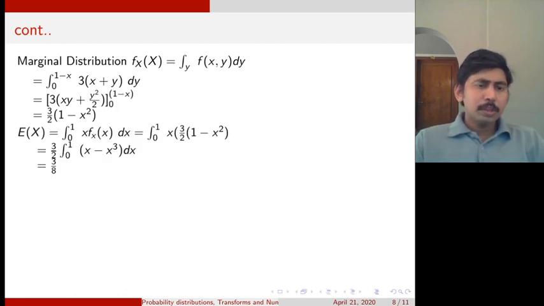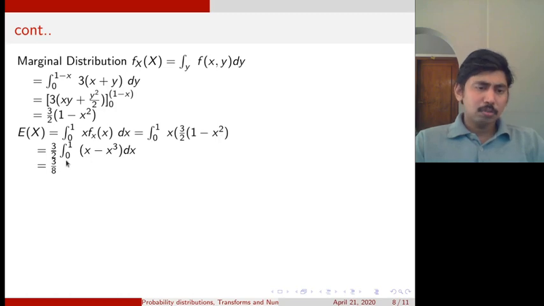Now expectation of x. Expectation of x can be calculated from the marginal distribution of x, which is given by this one. One variable expectation of x equals integral 0 to 1 of x into f x of x dx, which is integral 0 to 1 of x into 3 by 2 into (1 minus x) square.